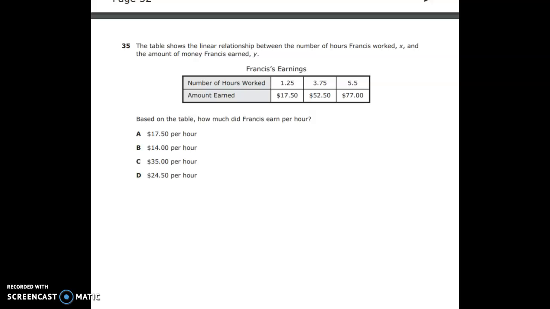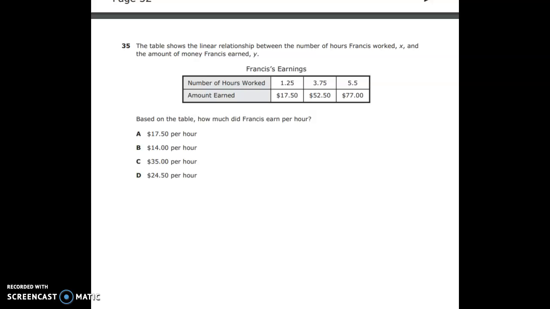Number 35. The table shows the linear relationship between the number of hours Francis worked, X, and the amount of money Francis earned, Y. Francis's earnings, number of hours worked, amount earned: 1.25, $17.50; 3.75, $52.50; 5.5, $77.